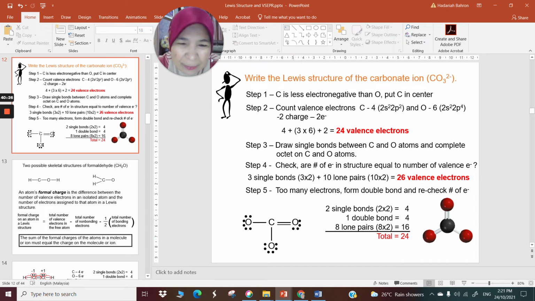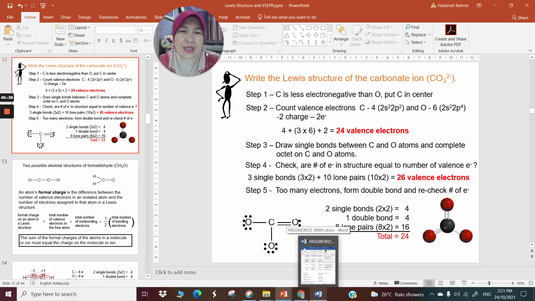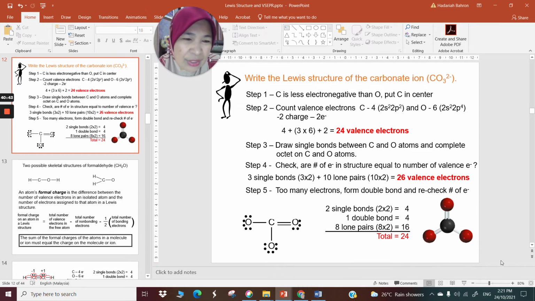So by collapsing two pairs of lone electrons and replacing it with another bond, you are reducing 2 electrons that is in excess.